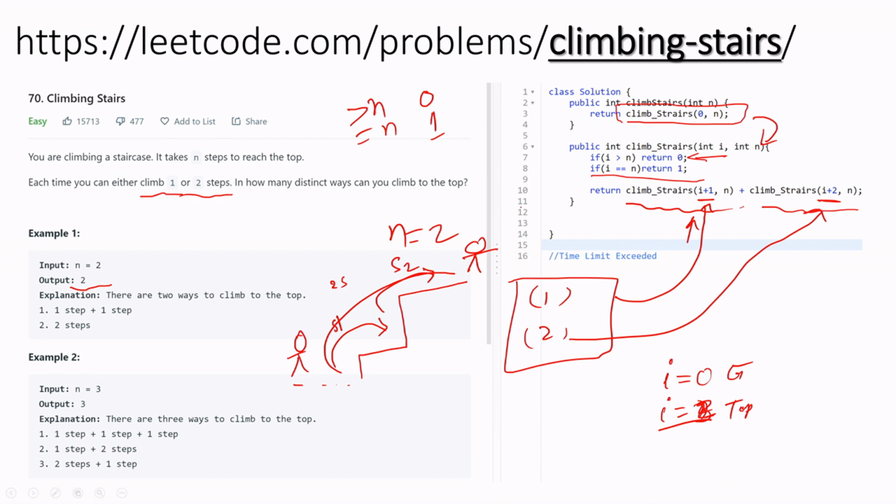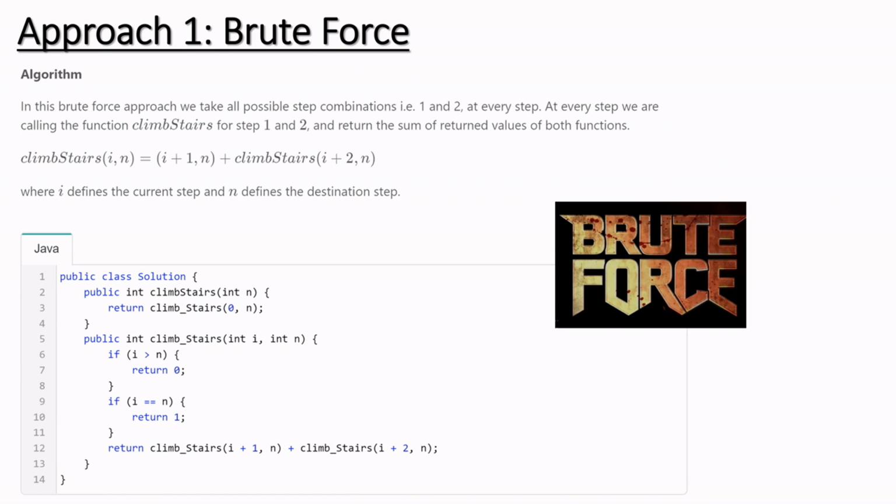So I think you have understood this climbing stairs. This was our brute force approach, and we have seen that the climbing value will come only through i plus 1 and i plus 2 steps. This was our base case: we are returning 0 if i is greater than n, and if equal to n, we return 1. Then we do it for step 1 and for step 2.